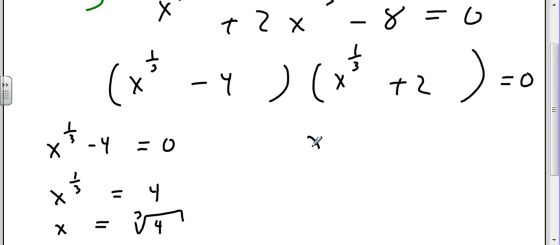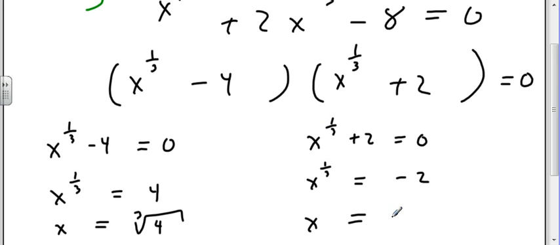And on the other side, x to the 1/3 plus 2 is equal to 0. x to the 1/3 is equal to minus 2. x is going to be the cube root of minus 2. And because this is an odd root, I can do that. I can take the cube root of a negative number, but I can't take the fourth root of a negative number, so I can't do that if it's even, but if it's odd, I can do that.